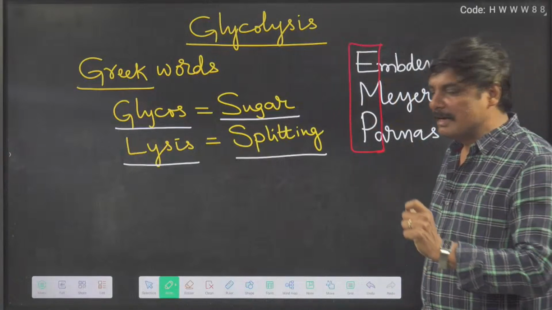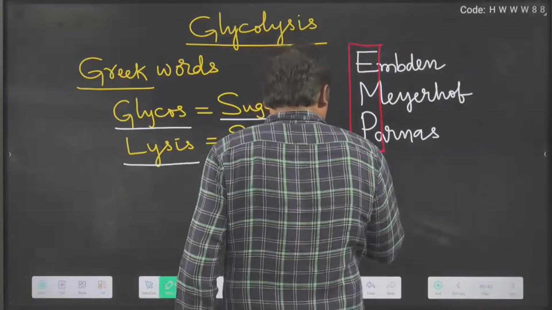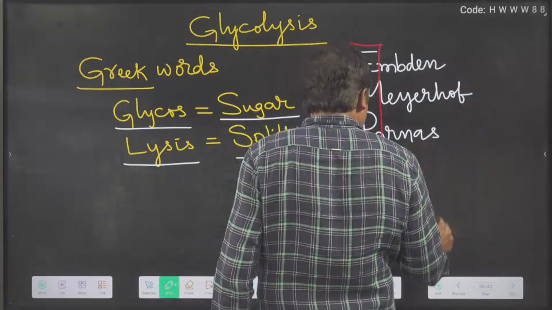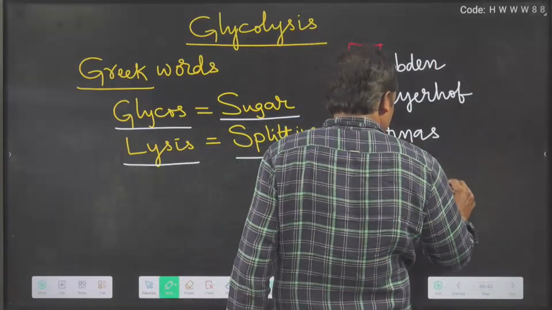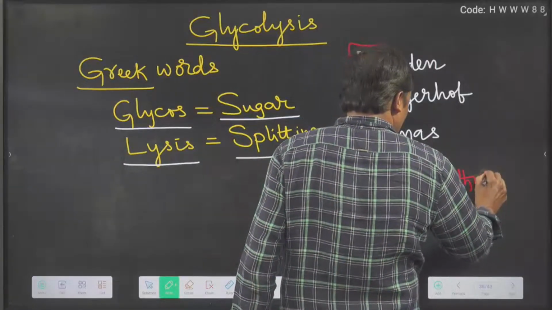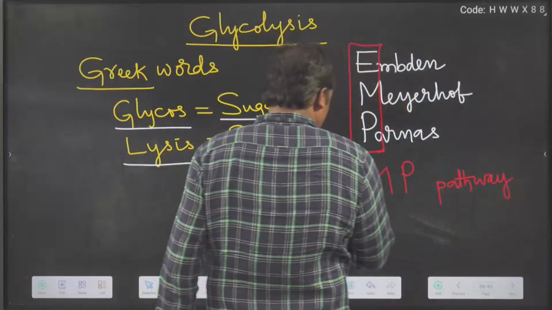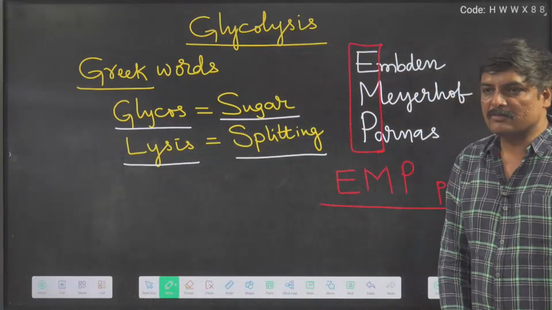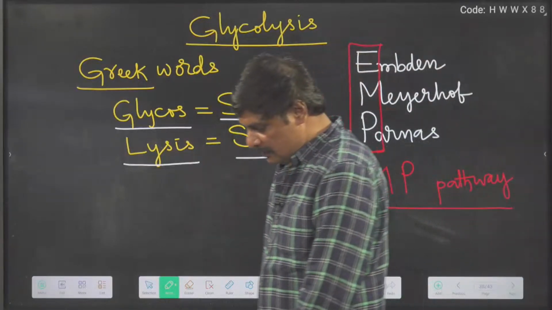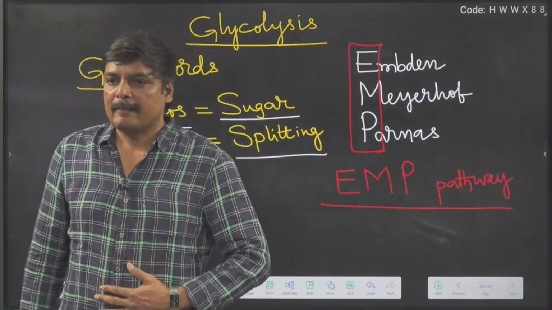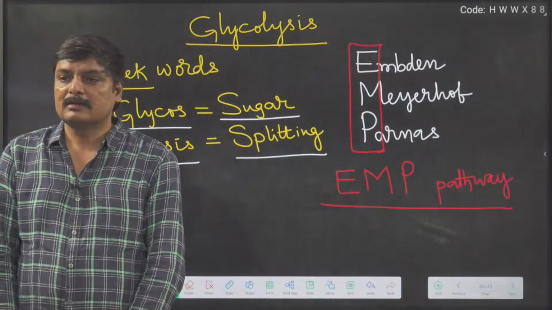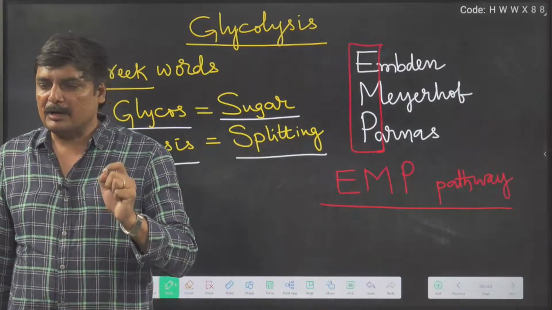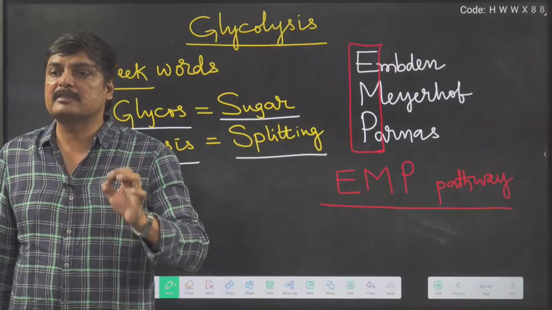Therefore, glycolysis is also known as the EMP pathway, because Embden, Meyerhof, and Parnas discovered this pathway.